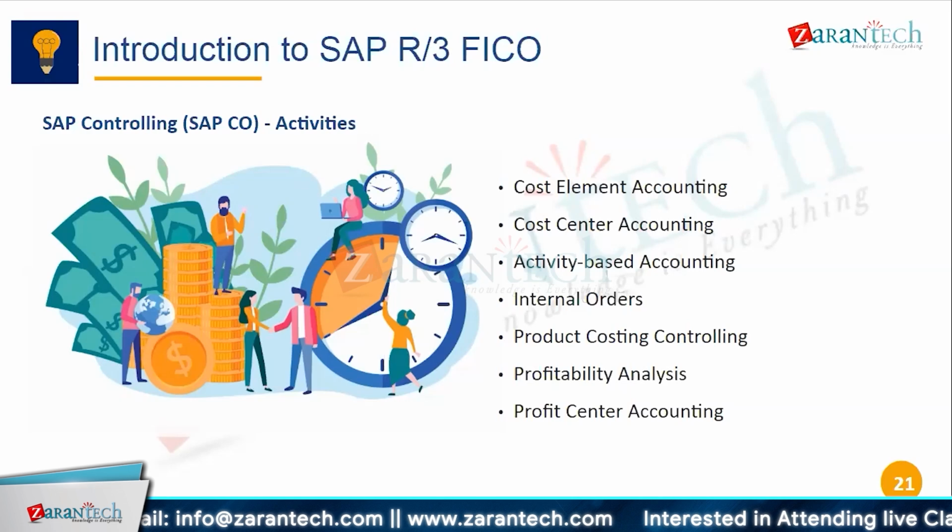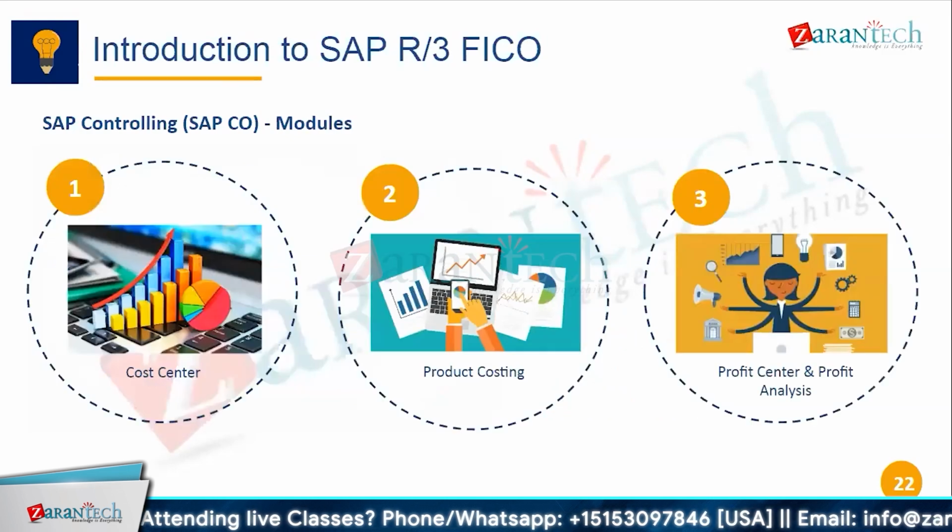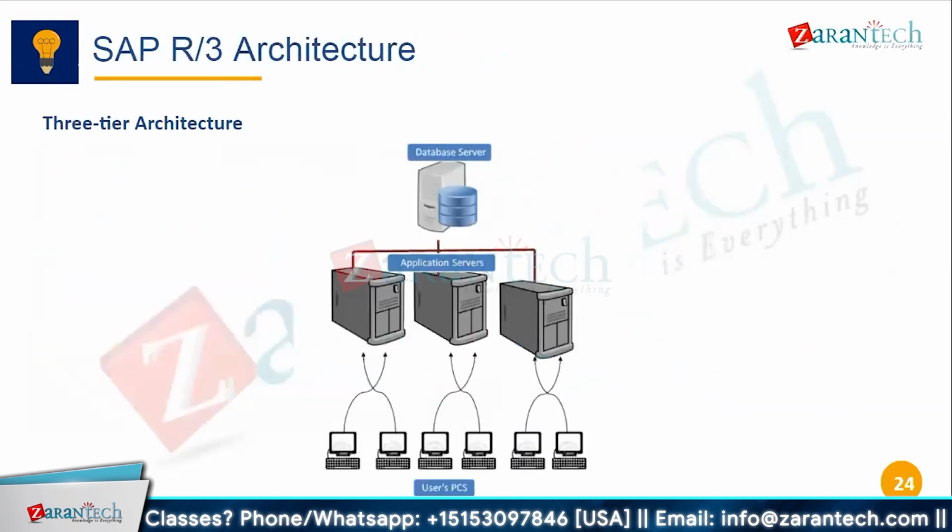I think from your studies and your university, you all would have heard of cost center accounting, activity-based accounting, and internal orders. Cost element would not have been part of your studies because it's something fresh to SAP itself. SAP has devised this. So these are the sub-modules of CO.